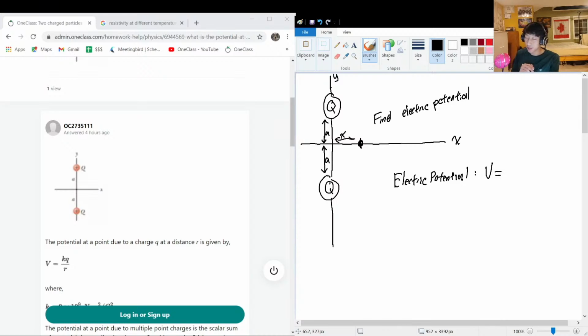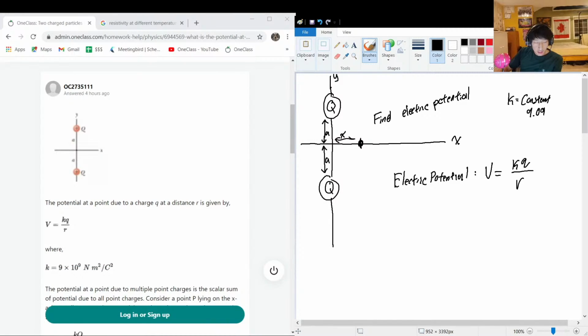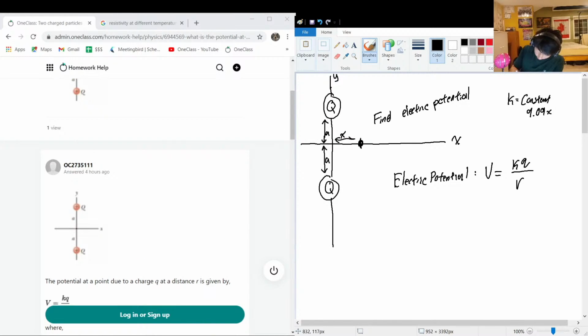So when we're talking about individual charges, we talk about electric potential. Okay, and this is KQ over R. K is a constant equal to 9.09 times 10 to the 9. Q is the charge. And R is the radial distance.